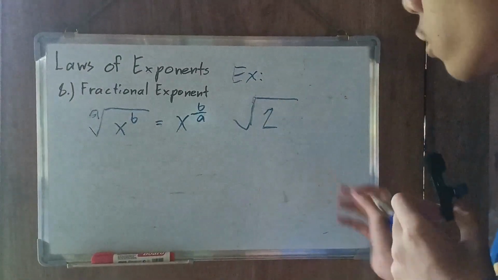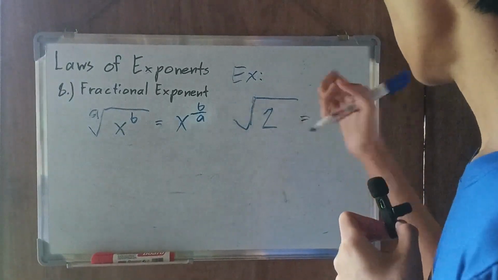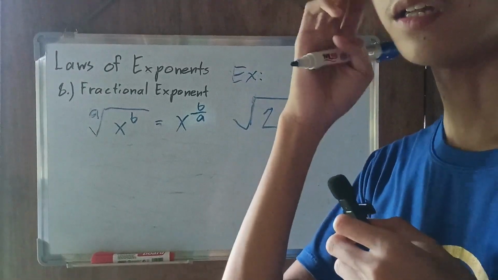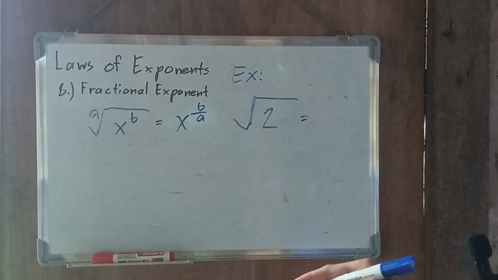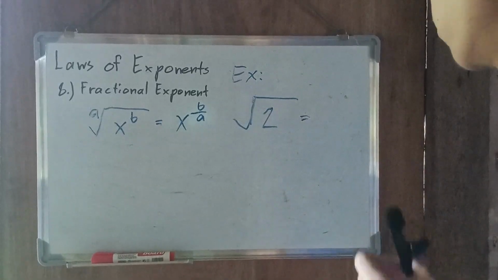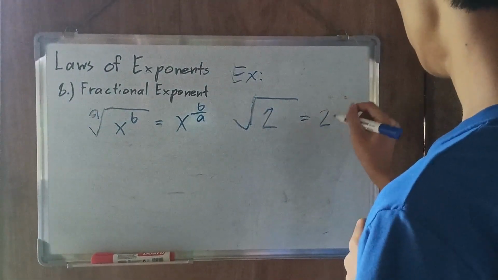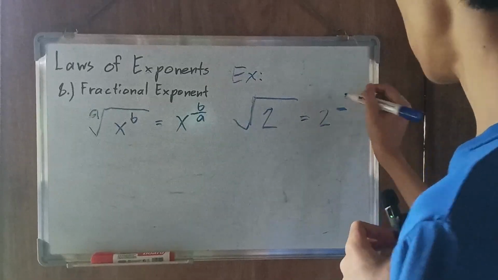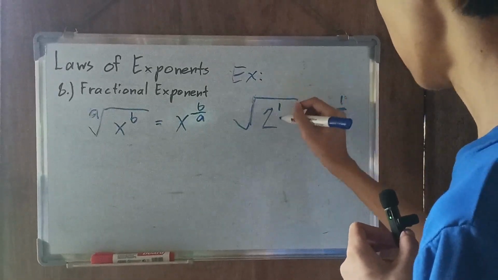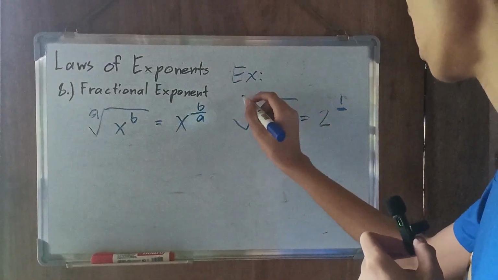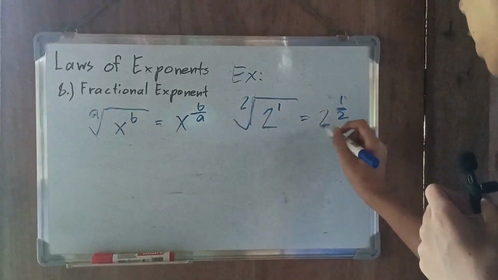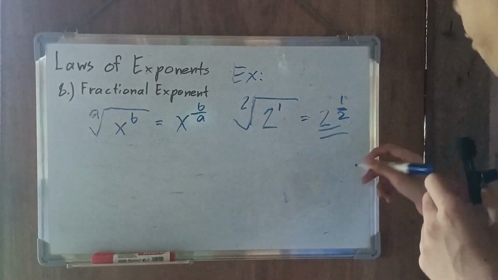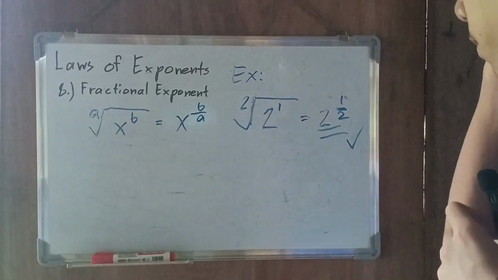If you put it in a fractional exponent, a constant always has a degree of 1 under the rules. So we put 2, then our line. This is 1, this is also its degree, 1, and this is 2. That means the answer is 2 raised to 1/2.